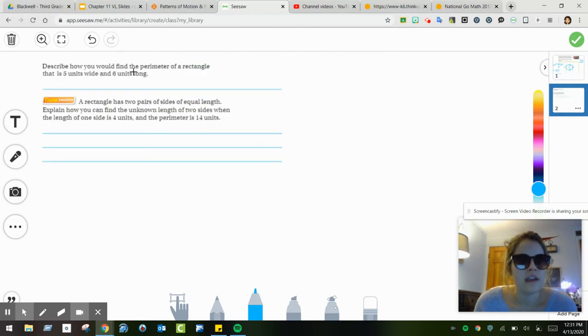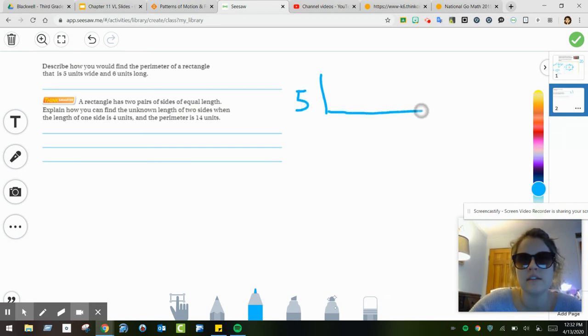Describe how you would find the perimeter of a rectangle that is 5 units wide and 6 units long. So 6 units long is going to be the bottom and the top of my rectangle, and the sides are going to be what's wide. So let's go ahead and do that. So here's my 5 units wide and 6 units long.